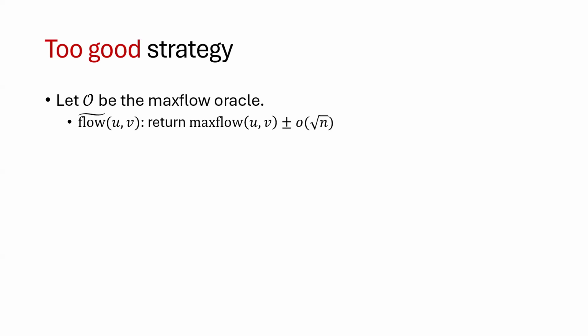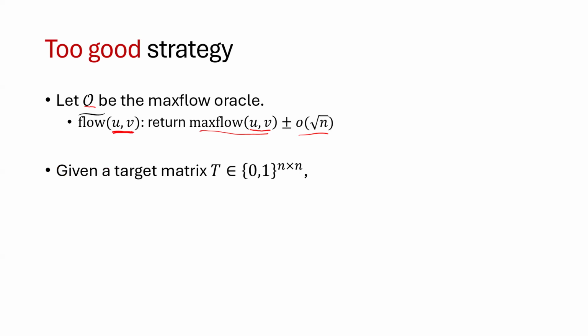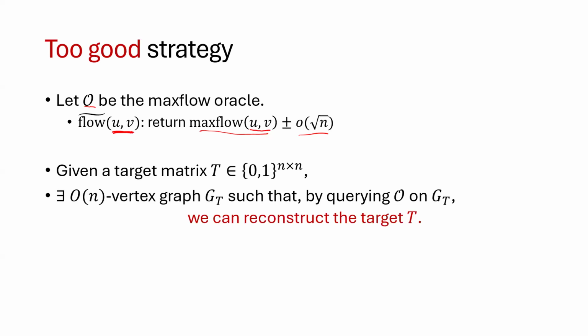Let's say that there is some max flow oracle such that, given any u and v, it returns the max flow value up to better than root n additive approximation. It's like a too good oracle. Suppose that you are given any target matrix, a Boolean matrix of size n by n, that encodes n square bits. There exists some graph with O(n) vertices, call it GT.